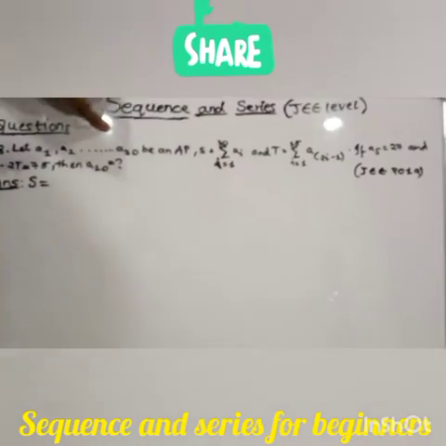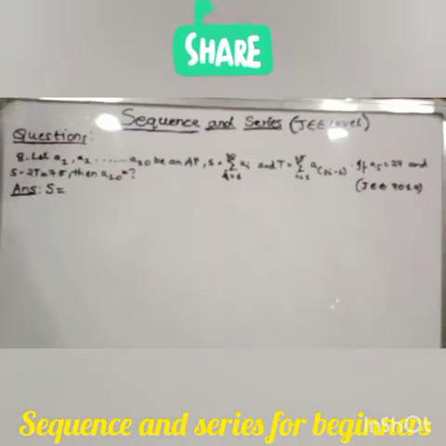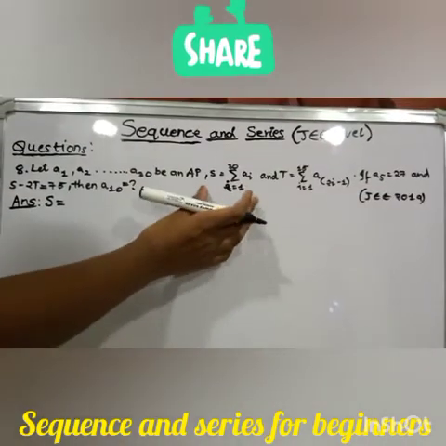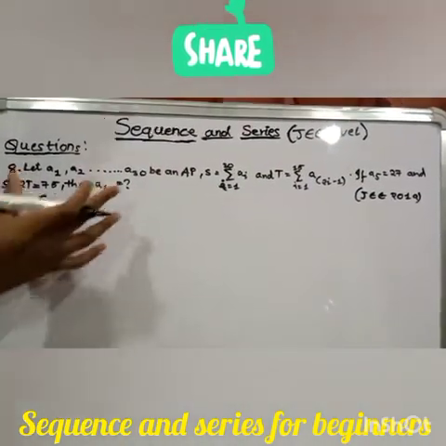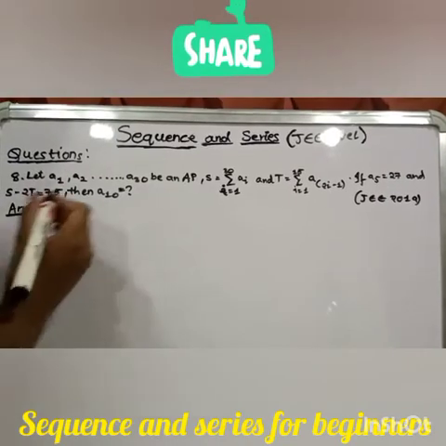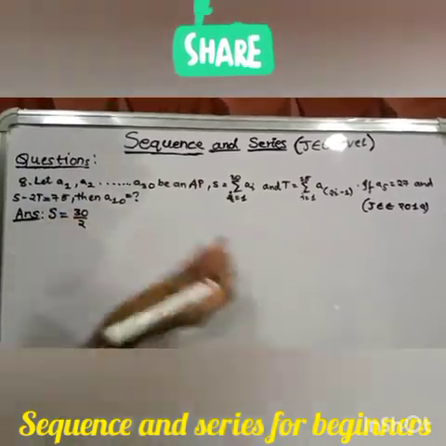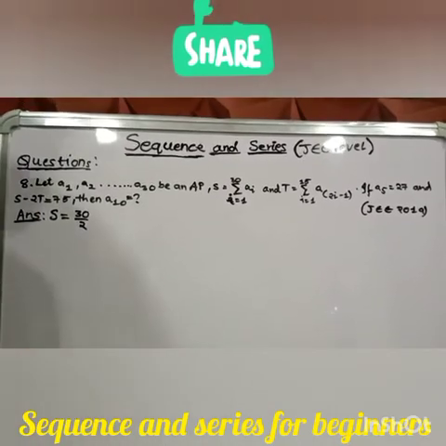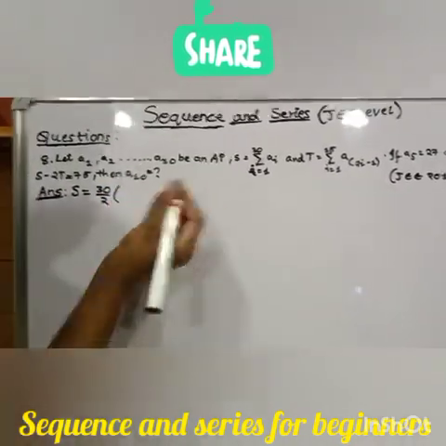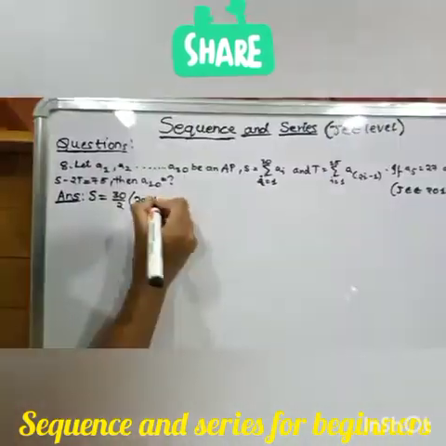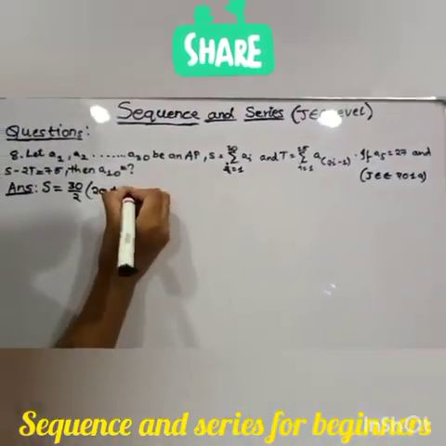And he gave that this is an AP. So this is the sum of the first 30 terms, so n equals 30, so 30 by 2. Let's apply the sum of terms formula, 2a plus n minus 1, meaning 29d.